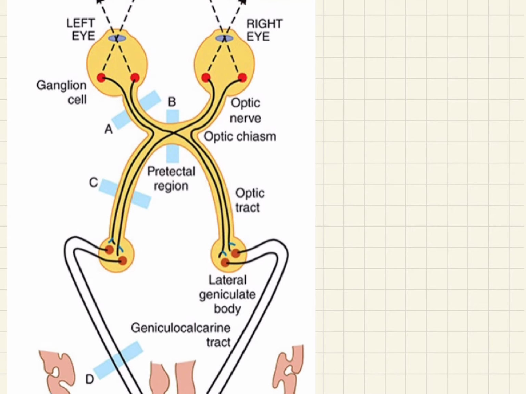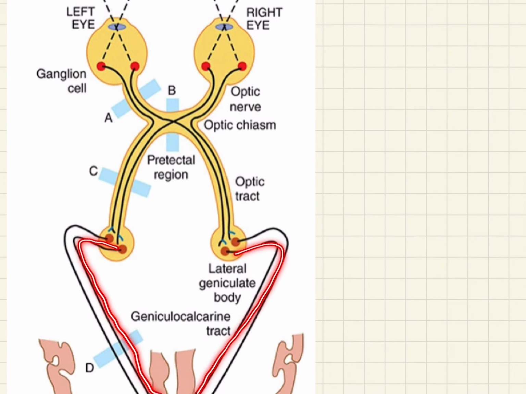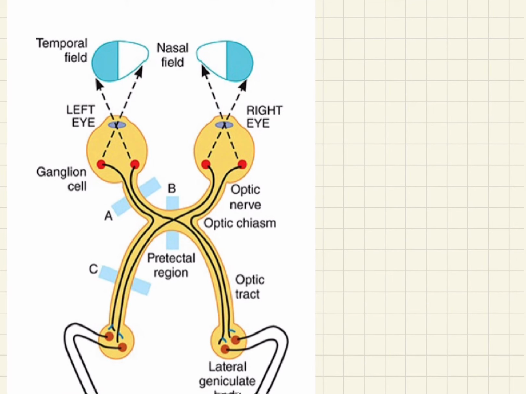After synapsing, the axons will be passing. These axons are also called the geniculocalcarine tract or the optic radiation. Now these will go and reach the visual cortex of the brain, that is in the occipital lobe, and cause the vision. So this is the entire visual pathway.